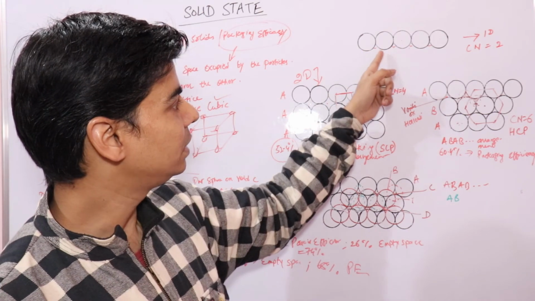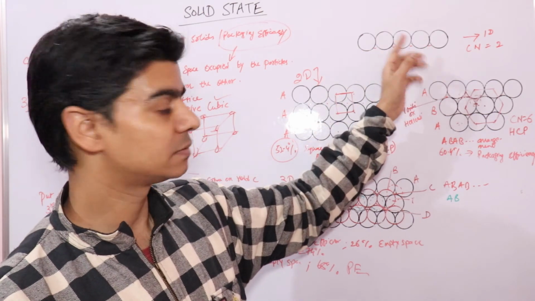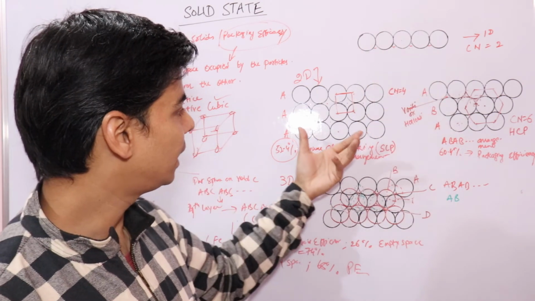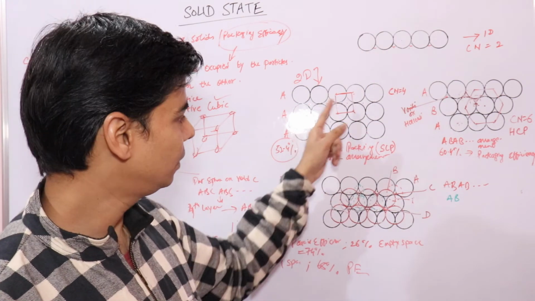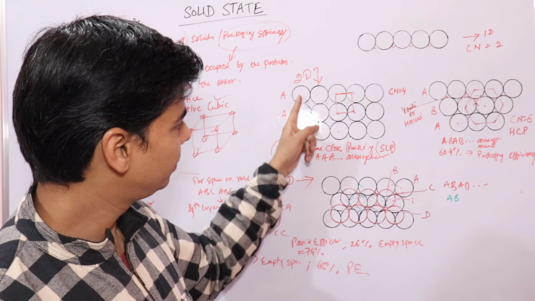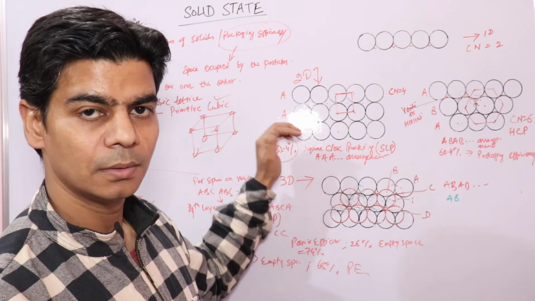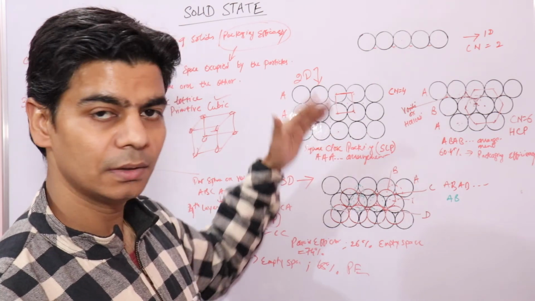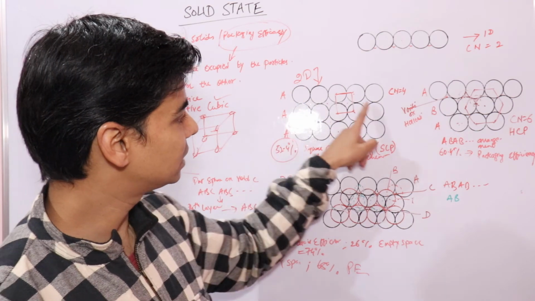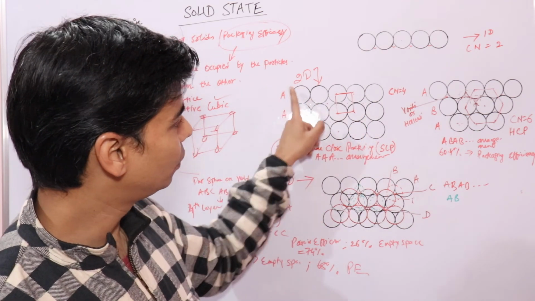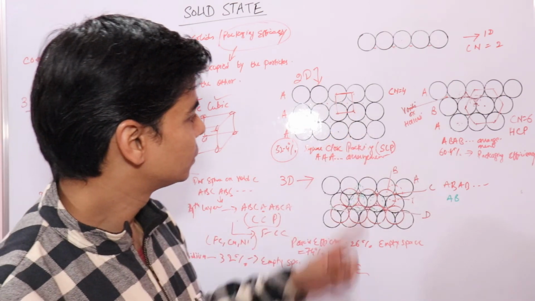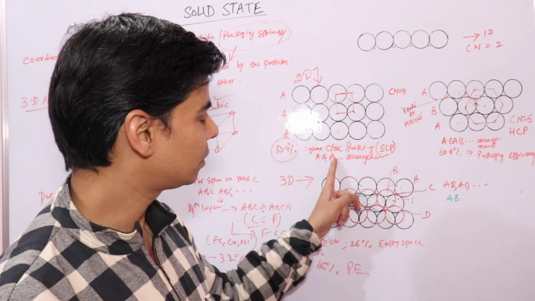One is you align the spheres in the second row, and the subsequent rows, exactly below the spheres in the previous row. With this kind of arrangement you get square close packing.